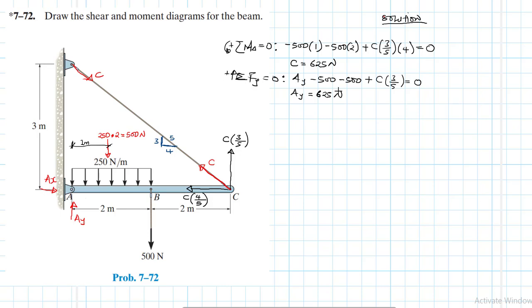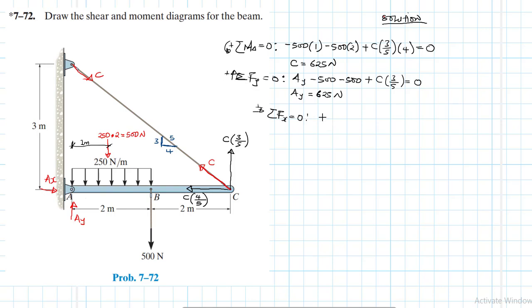So 625 plus 625 by 3 divided by 5, it's 1,000.